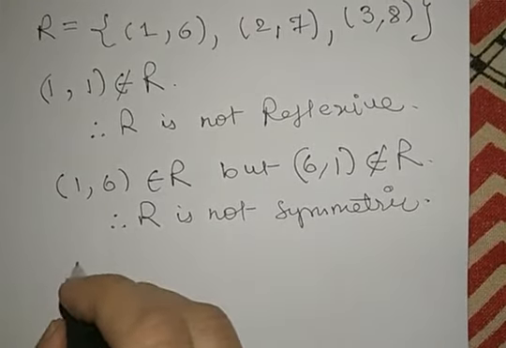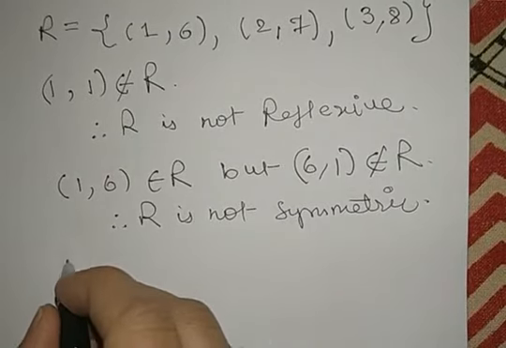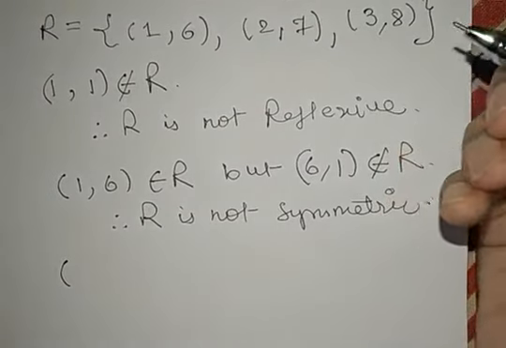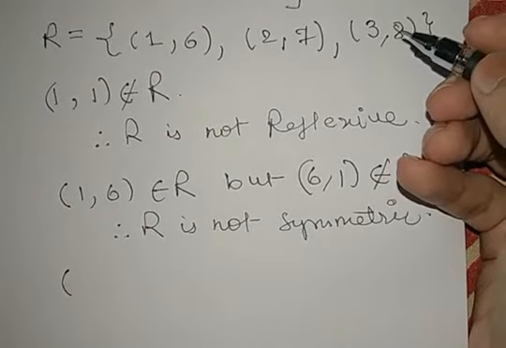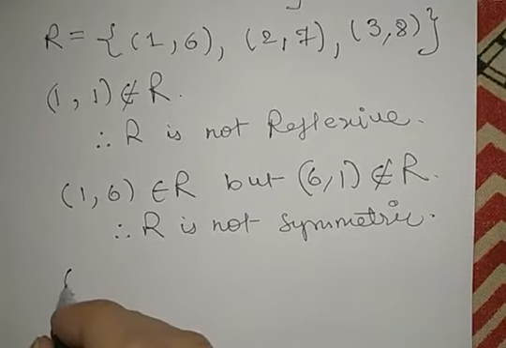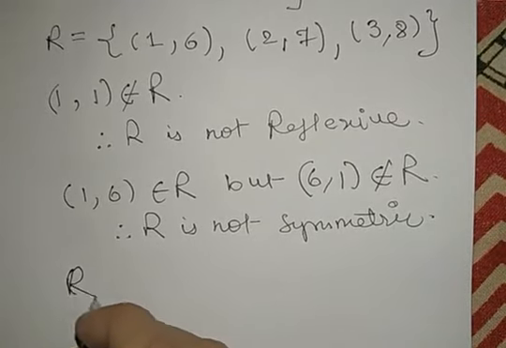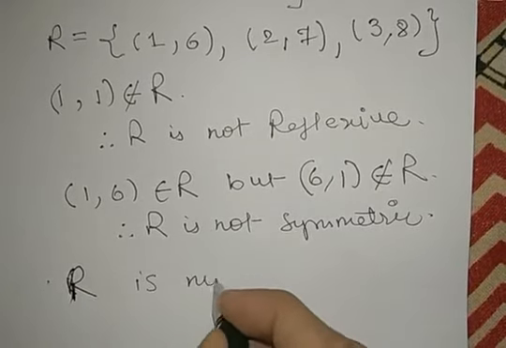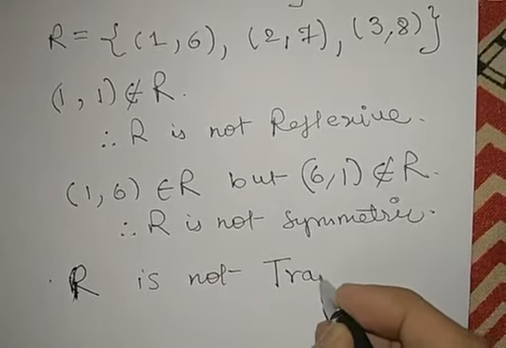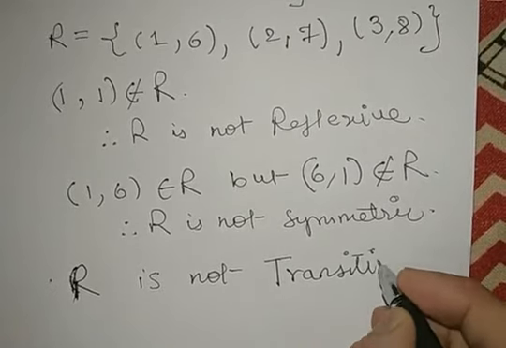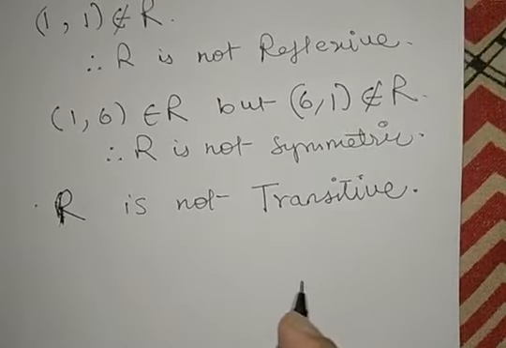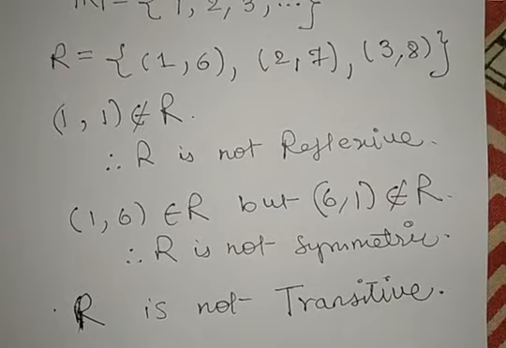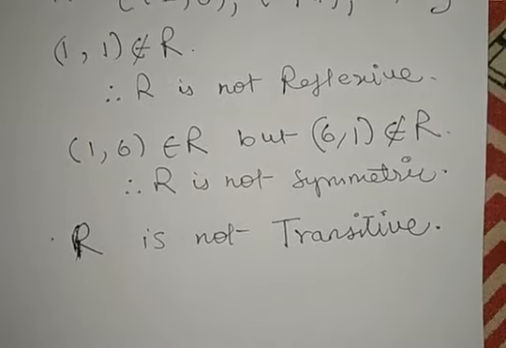And also, if (1, 6) belongs to R, there is no element of the form (6, some other element). So directly we can say that R is not transitive, because there is no element of the type (a, b) and (b, c).